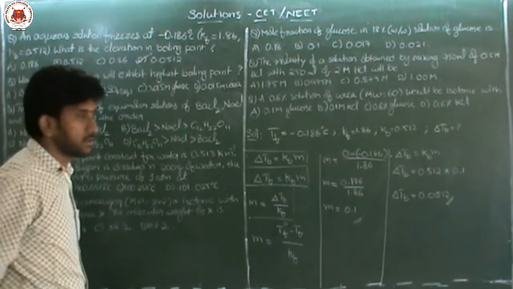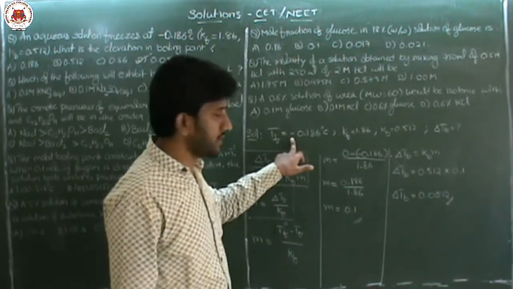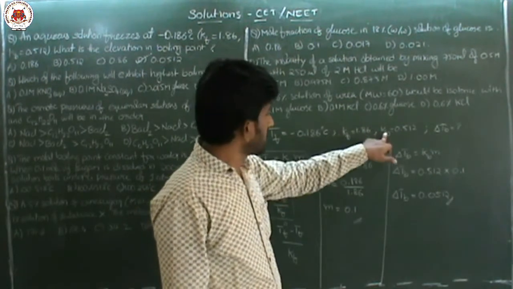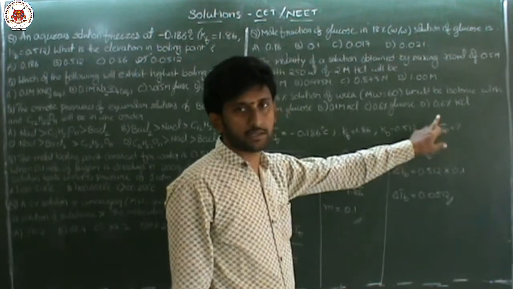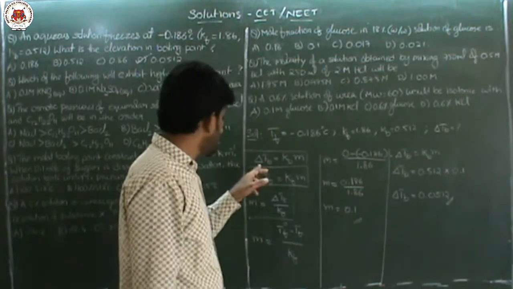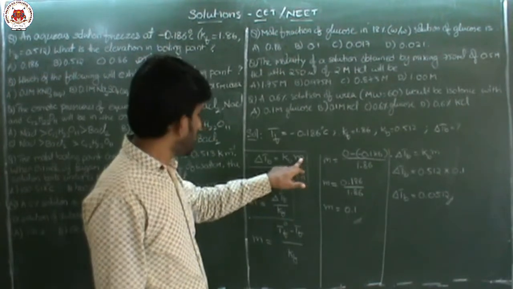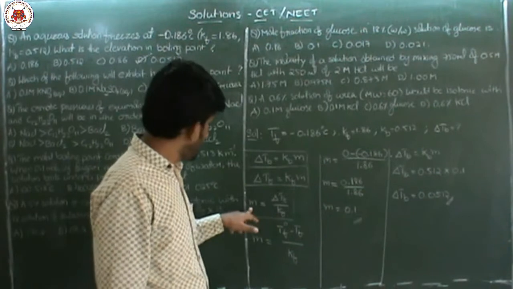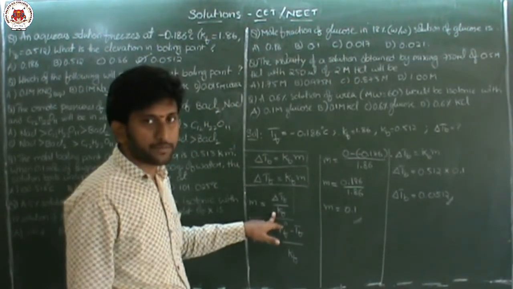So in this question, first Tf is given, Kf is given, Kb is given, and delta Tb they are asking. So delta Tb you can get from Kb into M, but M is not given. M you can get from the delta Tf by Kf formula.